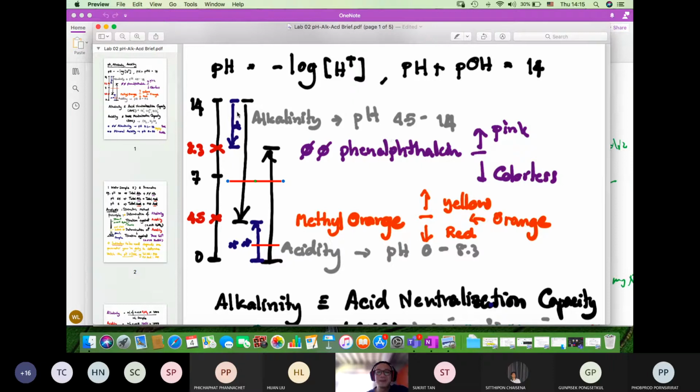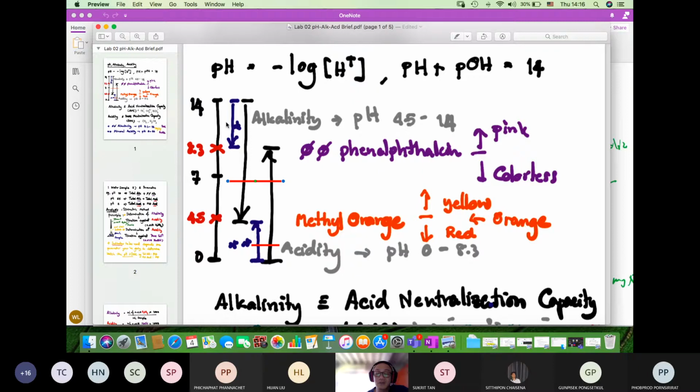If the pH is above 8.3, you can find both total alkalinity and phenolphthalein alkalinity. Total alkalinity can be found when the pH ranges from 4.5 to 14, and this other one is the phenolphthalein alkalinity.